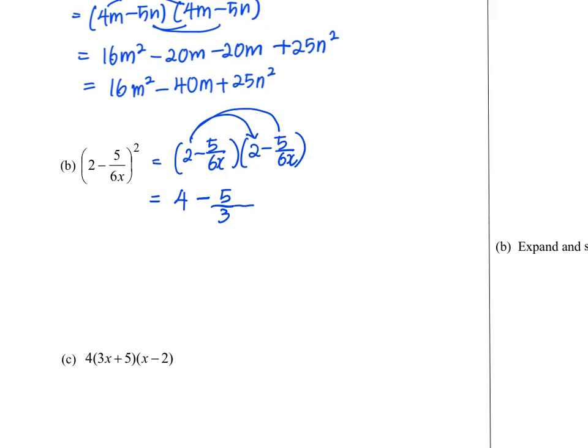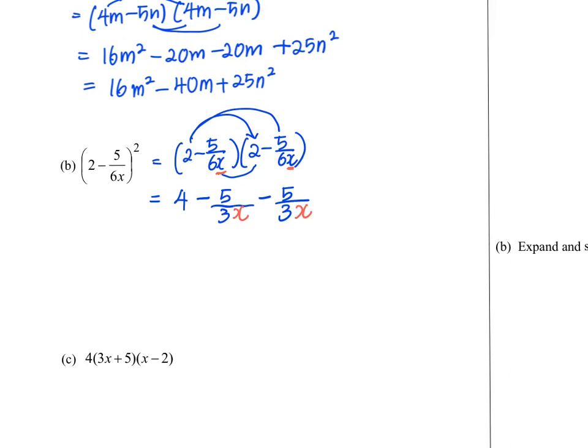And in this case, they wrote the x as the denominator, so x is in the denominator. Then now negative 5 over 6 times 2 again. If you press the calculator, negative 5 over 6 times 2, that will give you negative 5 over 3. And as usual, x is in the denominator again, so I'm going to leave it like that.